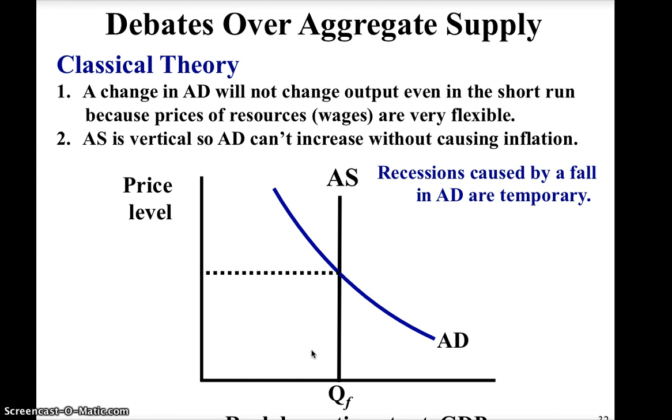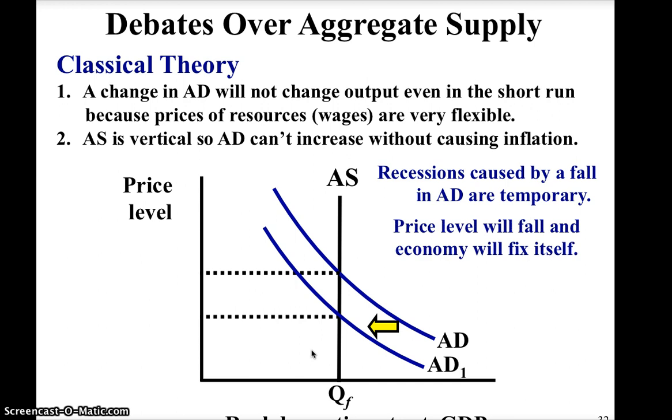So to go further, recessions caused by a fall in aggregate demand are temporary. So let's assume that this happens. Aggregate demand falls, prices fall. That immediately means that businesses can hire workers at lower costs, okay?